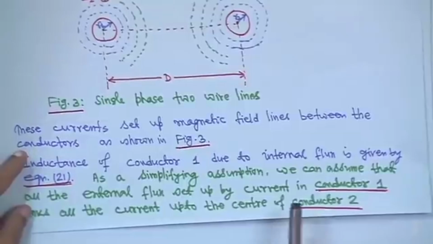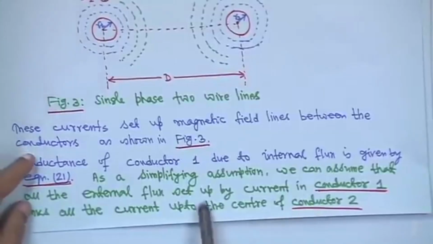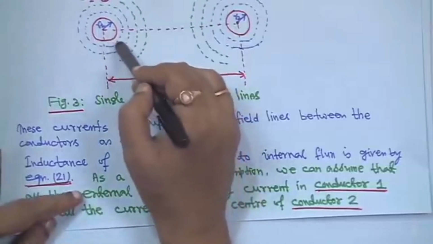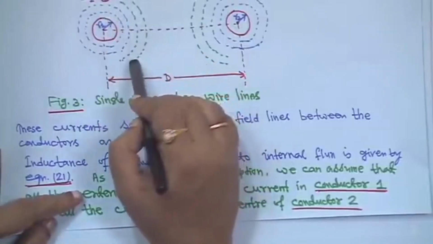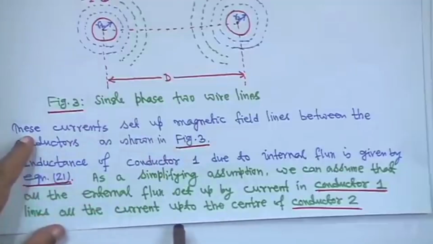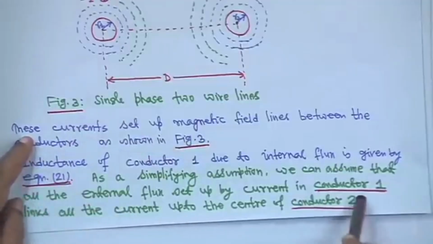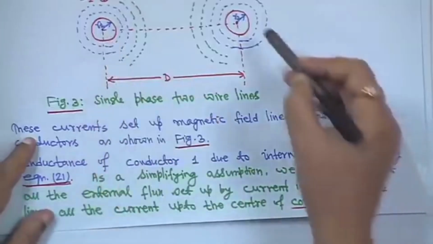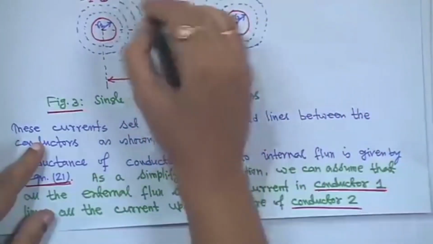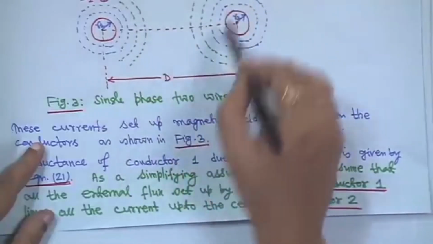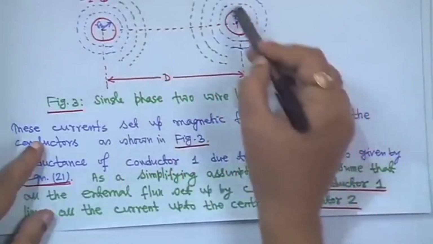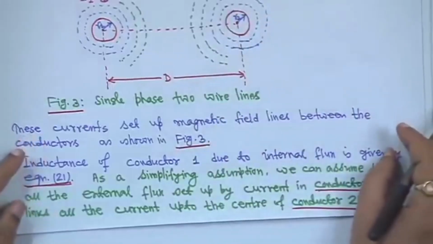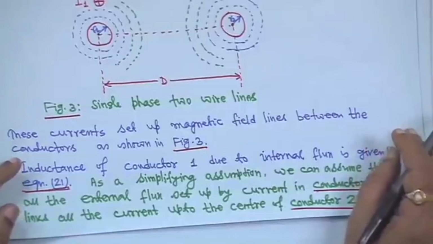That means the flux lines extend up to the center of conductor 2, not beyond that. This is quite a fair assumption.